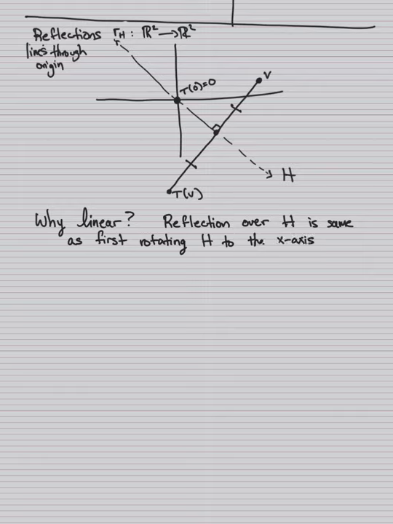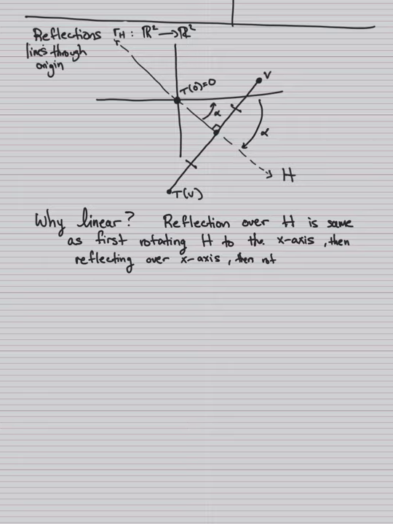And I just chose the x-axis for ease. You could rotate to the y-axis if you want. So you do this rotation by some number of degrees alpha. Then reflecting over the x-axis. And then rotating back.